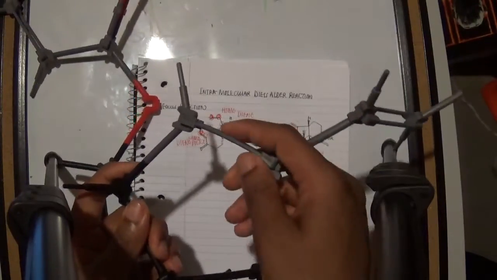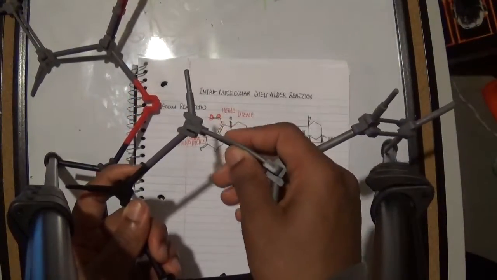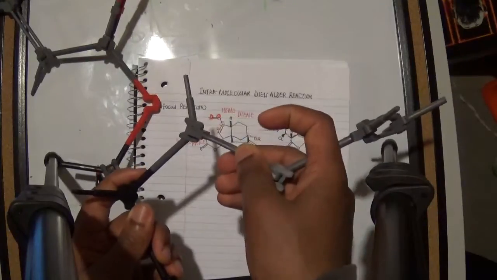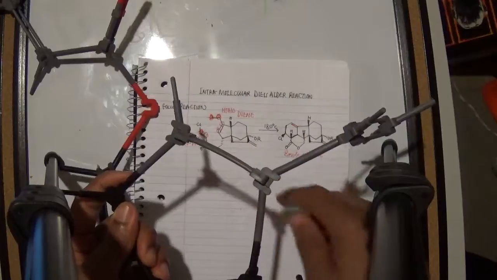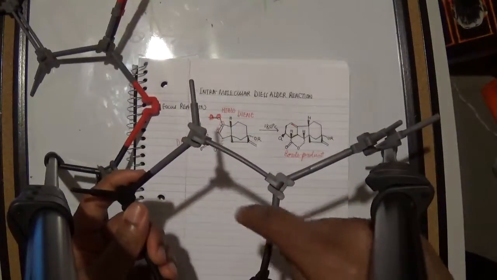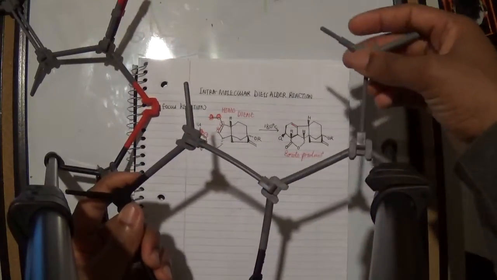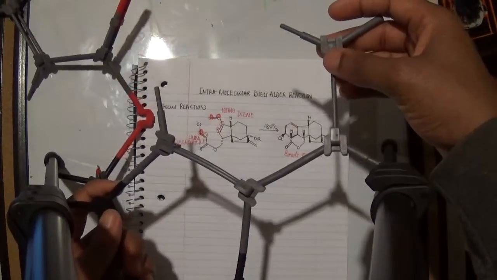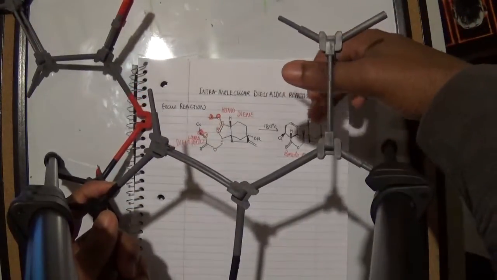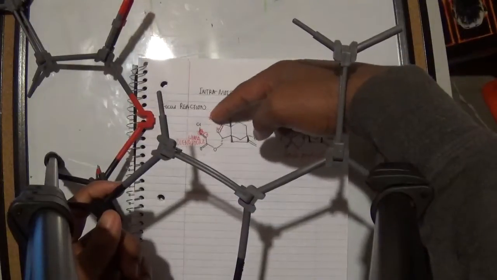As we get closer, we then introduce the pi system, where we have this double bond in this position within this 5-membered ring. And over here we have the other double bond, which are actually cis to each other, which is what we have at this point.